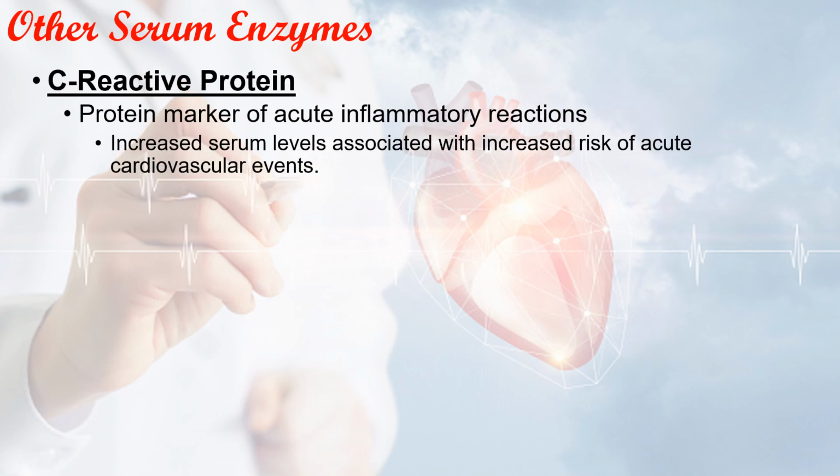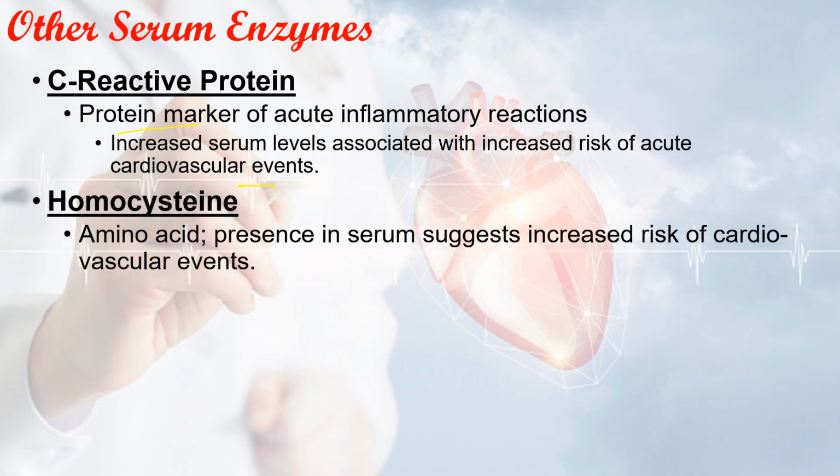Next are the other serum markers. First one is C-reactive protein, a protein marker of acute inflammatory reaction. Increased serum levels are associated with increased risk of acute cardiovascular events. Next is homocysteine. This is an amino acid whose presence in serum suggests increased risk of cardiovascular events.